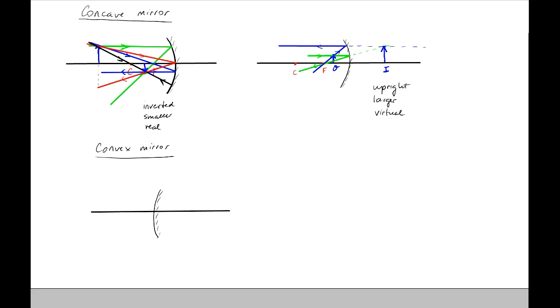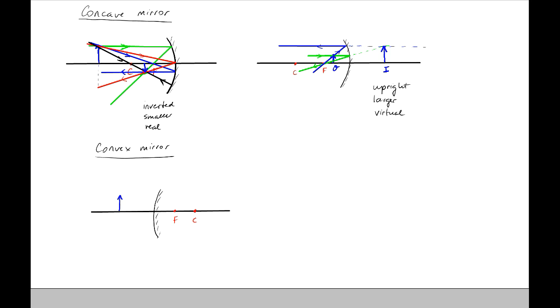With convex mirrors, remember that the center of curvature is on the other side of the mirror, not on the shiny side of the mirror, which means that the focal point will also be on the other side of the mirror. So let's now place an object over here somewhere, and we will draw the same beams.